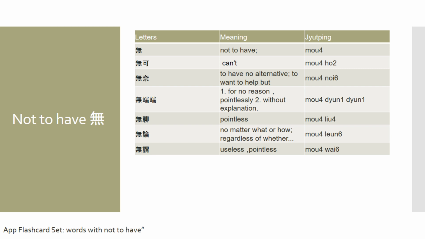In combination with other Chinese characters, it actually produces other types of words. For example, can't in Cantonese is 無可. To have no alternative in Cantonese is 無奈.